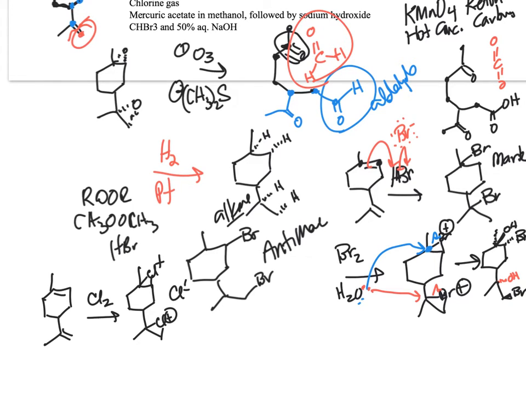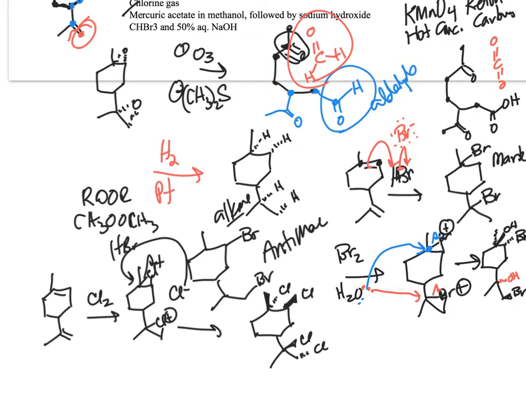And then your chlorine is going to come to the more substituted carbon, and it's going to add anti. So you can just go ahead and draw your chlorines in an anti-fashion. And that would be the correct answer for that.